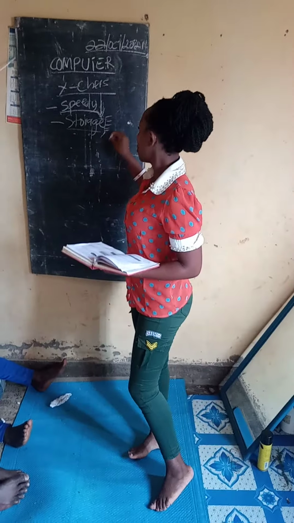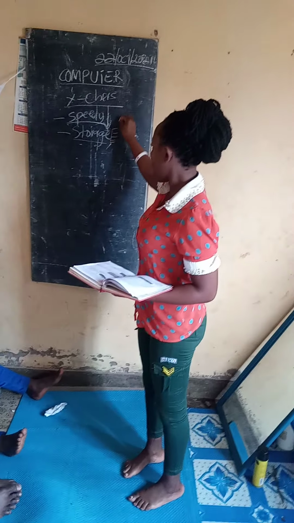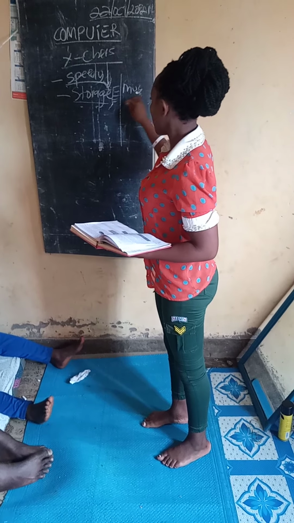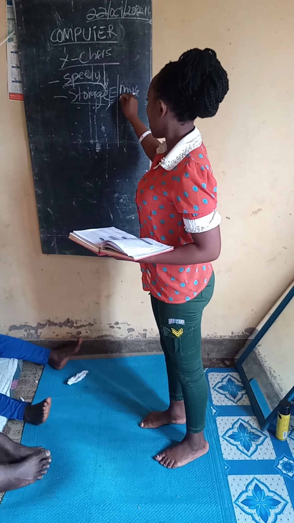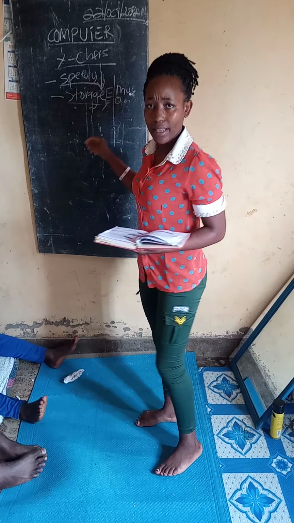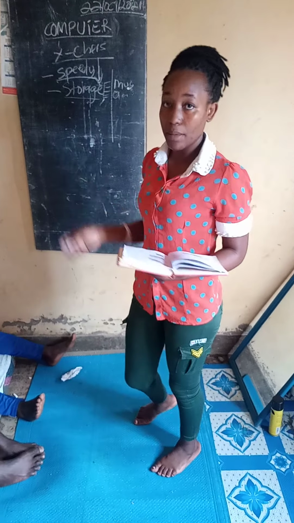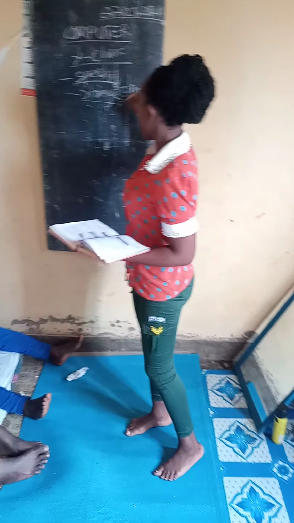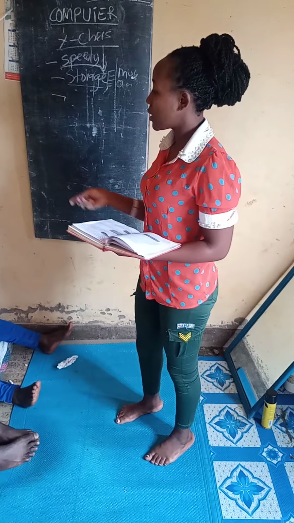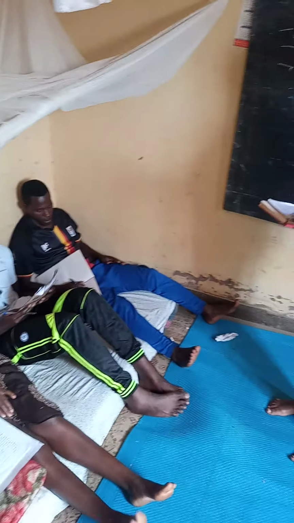You may have music in that computer, you have your database, you have many images. So it has big storage. You can store as much information as you want. Another one, yes? Accuracy. Thank you.